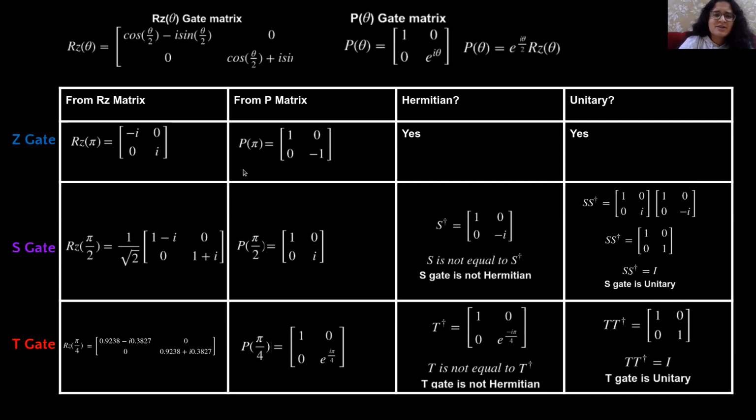Now, why did we even do this when we know that global phases are ignorable? Because you can look at what the Z gate matrix is in reality. It is not this gate, it is this gate. So multiplying this global phase gives us the real Z gate.